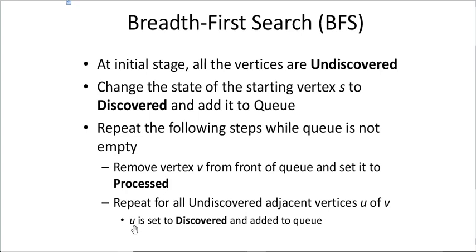Every adjacent vertex is set to discovered and added to Q. By this way, we repeat this process again by taking a vertex from the front end, making it processed, inserting all its undiscovered adjacent vertices, and again making them discovered. So this process repeats. This is the core of this algorithm. It is repeated till when? Till the Q is empty.